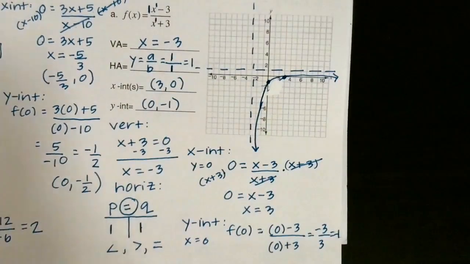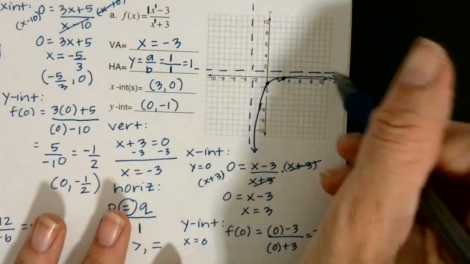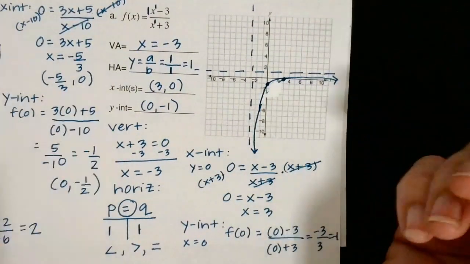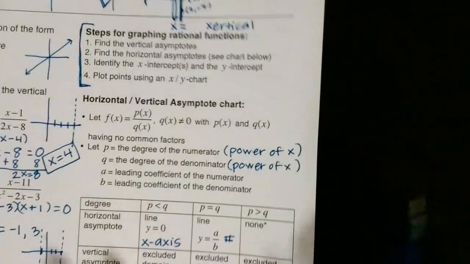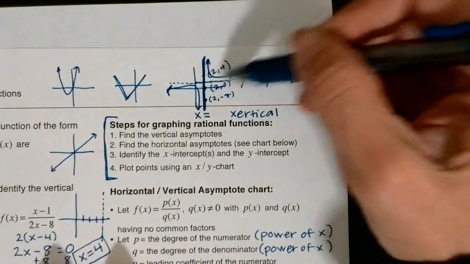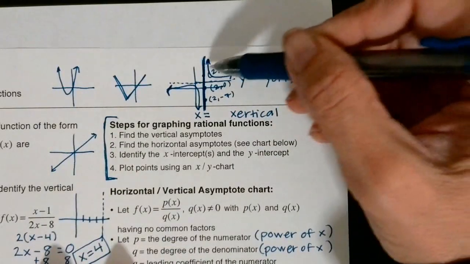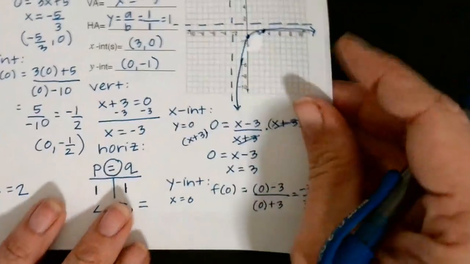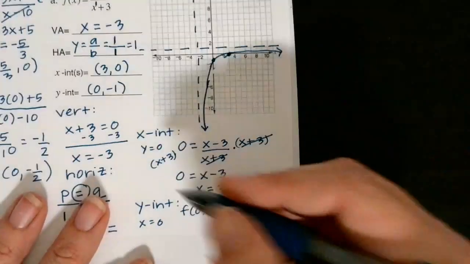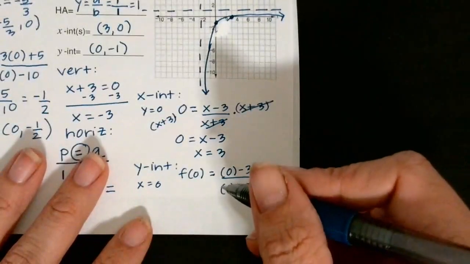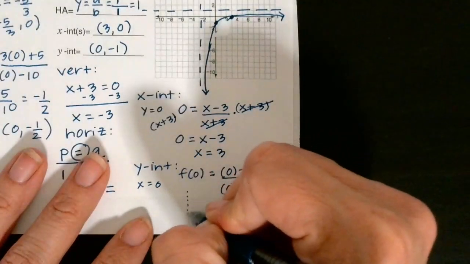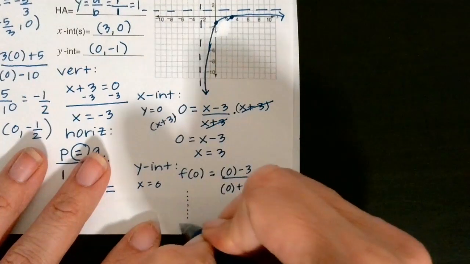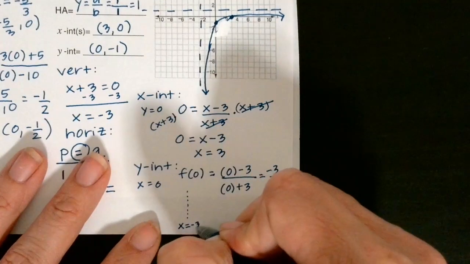But these graphs don't just have one piece. They always have 2 or more pieces. So remember up here I showed you this one actually hung out above its horizontal. But what about the other side? Our asymptote is at x equals negative 3.